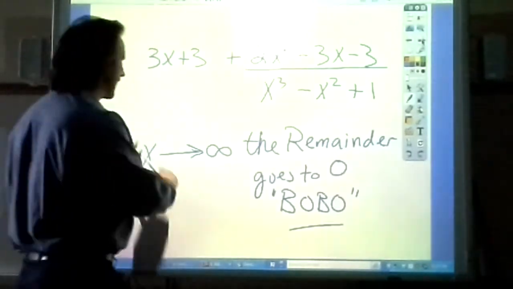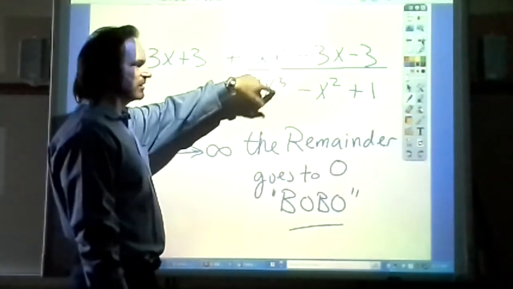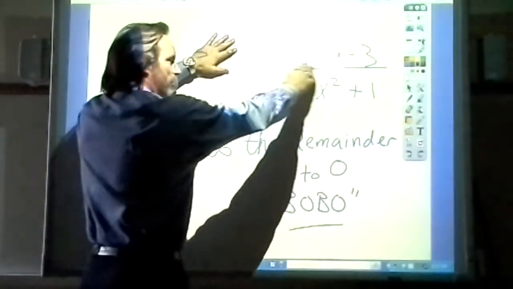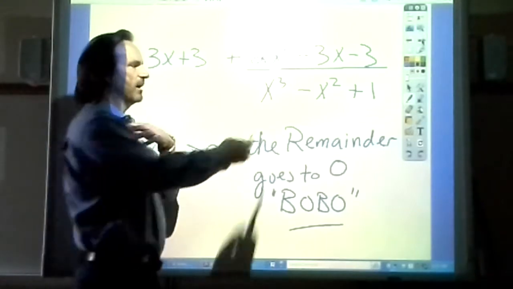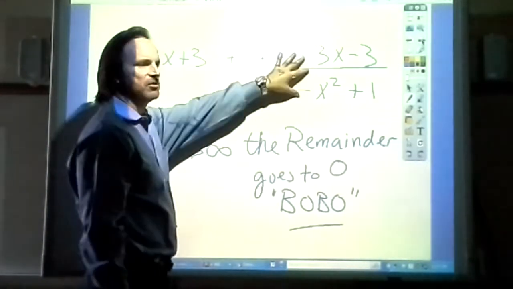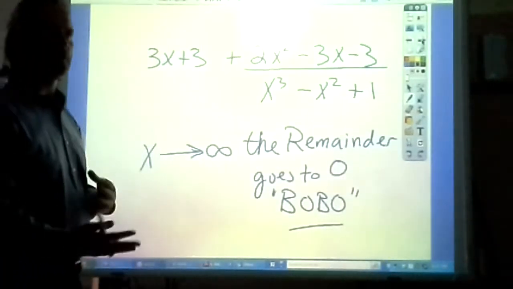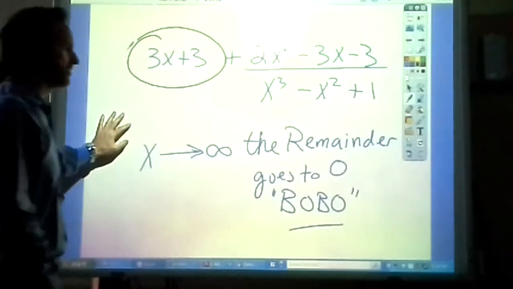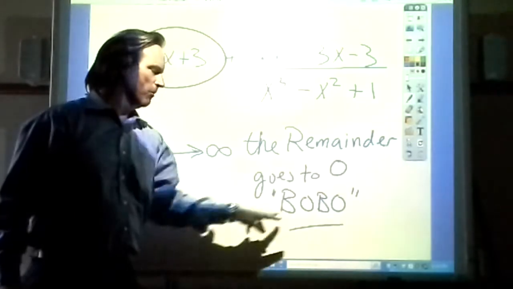Now remember, as x gets very big, toward infinity, with a bigger denominator, this goes to 0. Kind of like, remember, bigger on bottom, this approaches 0. This goes bye-bye. X cubed, when I plug in infinity, is much bigger than x squared. So this goes to 0. So this doesn't matter. As x gets very big and very large, this graph will seek this oblique asymptote, 3x plus 3. Okay? The remainder goes to 0.